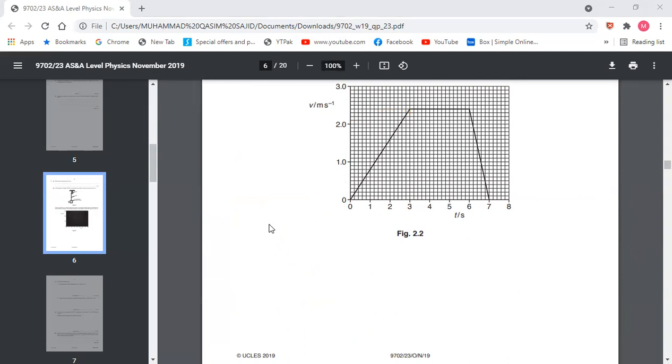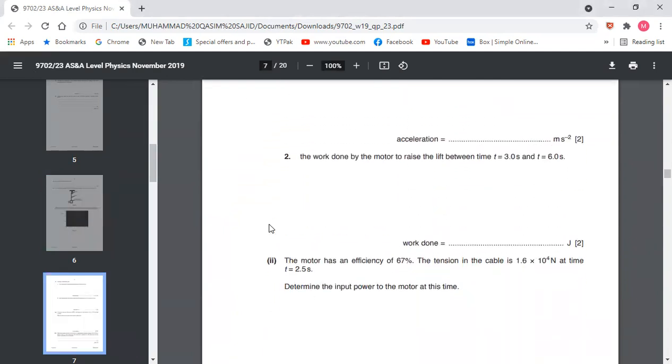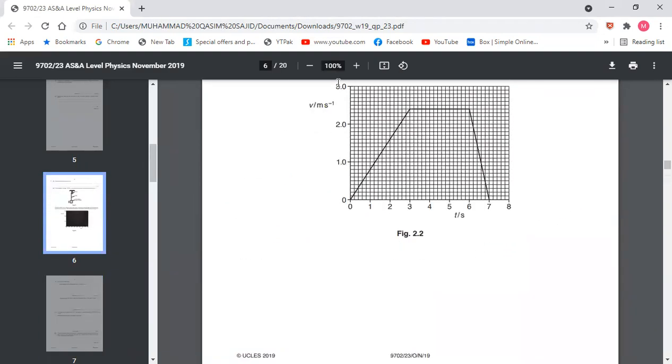Now for the second one, the work done by the motor to raise the lift between time t equals 3 and t equals 6. So where are the points t equals 3 and t equals 6? From here to here is a constant region. So we have to find the work done for this region.